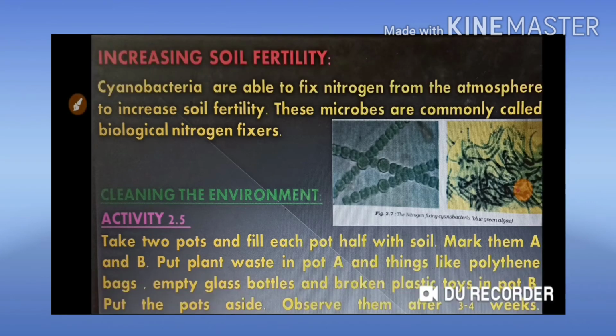So the plant gives a place to the cyanobacteria on its roots, which is very important. In return these cyanobacteria convert this nitrogen to nitrates and fix that nitrate into the soil, which becomes a nutrient that is very important to supply to all parts of the plant body.